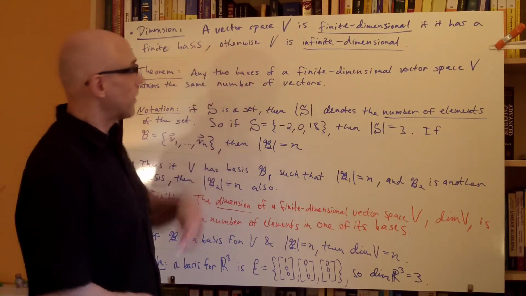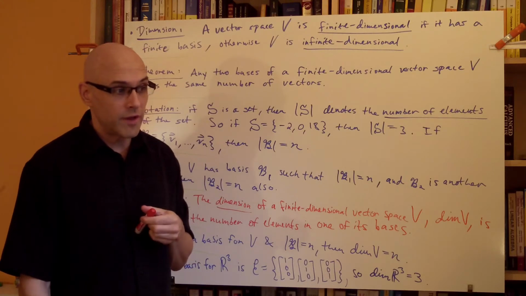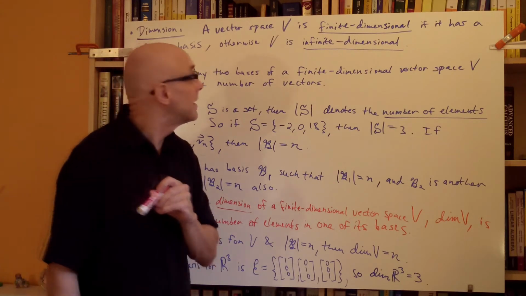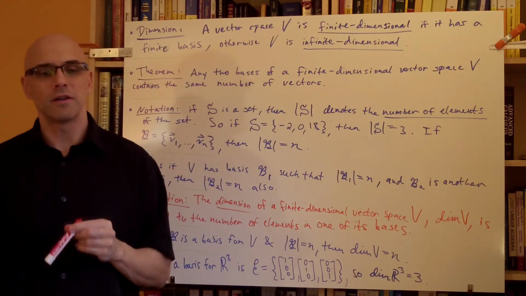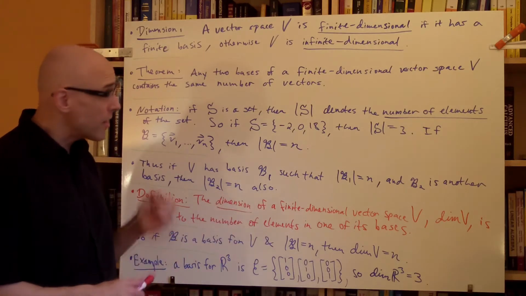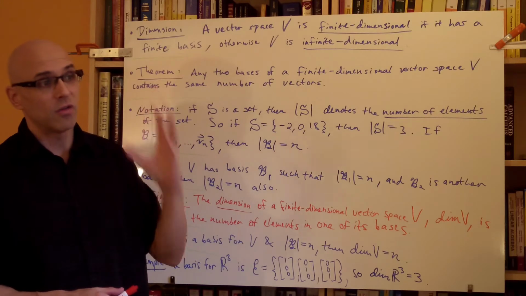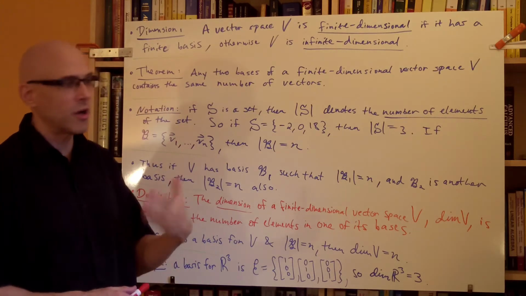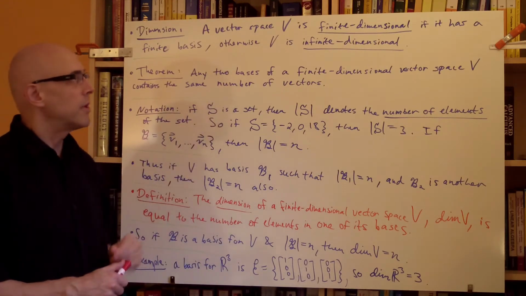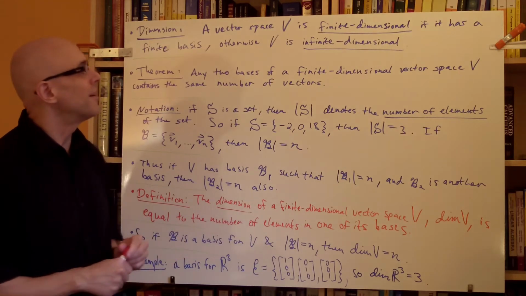One thing this kind of glosses over is, well, what if you have a vector space that doesn't have a basis? But as a matter of fact, every vector space does have a basis of some kind. That's actually proven in the notes in section 3.6. Although it is somewhat technical, it does use some concepts that are not actually developed in the notes, but it doesn't require calculus or anything that fancy.